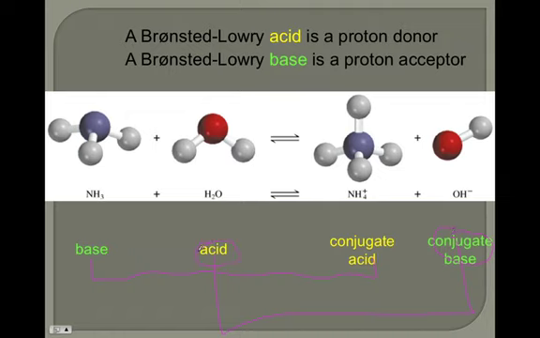And you can see that here in the actual molecule. What's the difference between these? An H, right? And the difference in the NH3 versus the NH4, the only difference is that H+. And so anytime that you're looking for conjugate pairs, you're just looking to see if there's a difference of hydrogen.